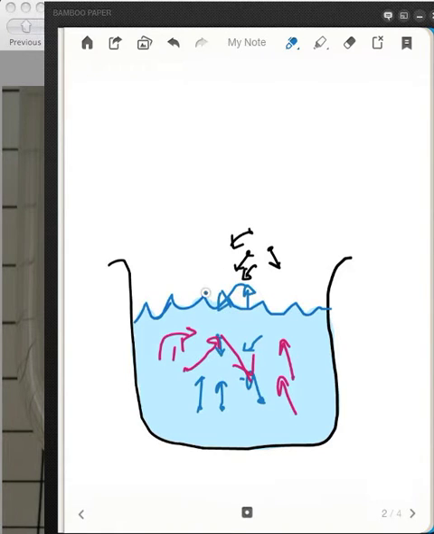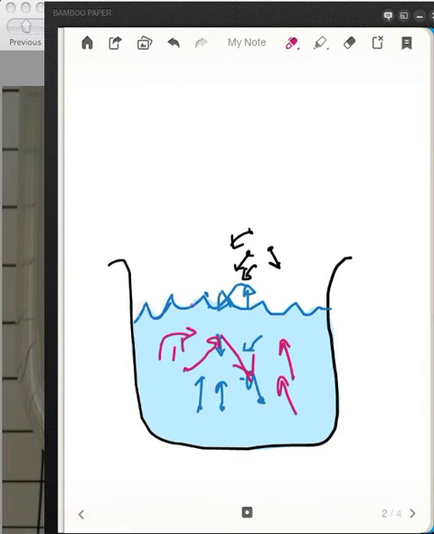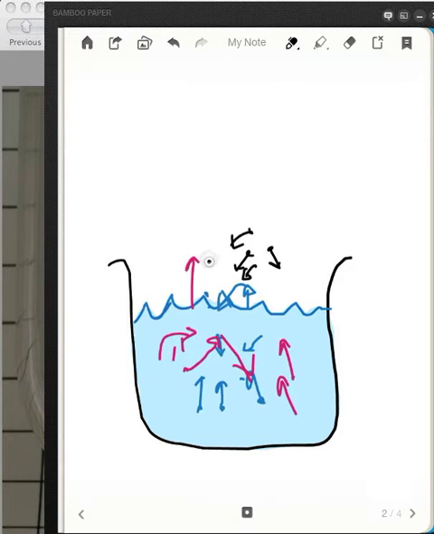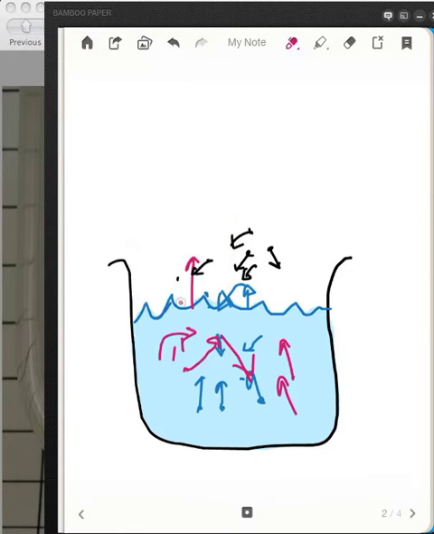But if instead of one of the slow-moving water molecules, you have one of the fast ones, and it starts moving in this direction, then it could be going faster than the air particles. And if the air particles bounce into it, it doesn't really affect it that much, and it can escape. So a bunch of the fast-moving water molecules can just escape.